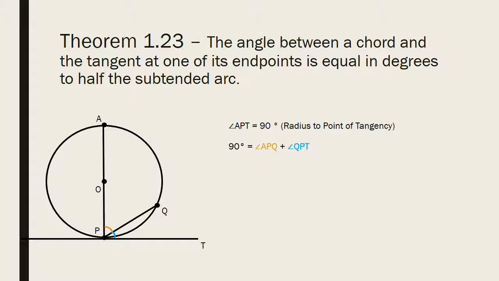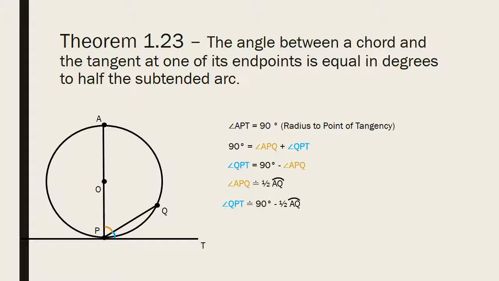Now we can rewrite this to say that angle QPT equals 90 degrees minus angle APQ. Now, theorem 1.16 states that angle APQ should be 1/2 the subtended arc AQ. So we can rewrite it as angle QPT is equal to 90 degrees minus 1/2 AQ.